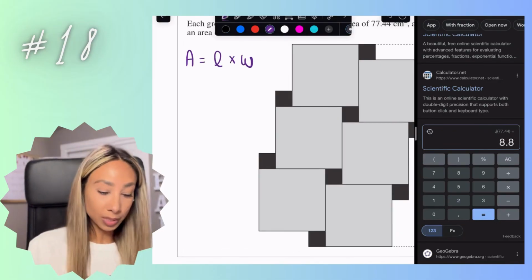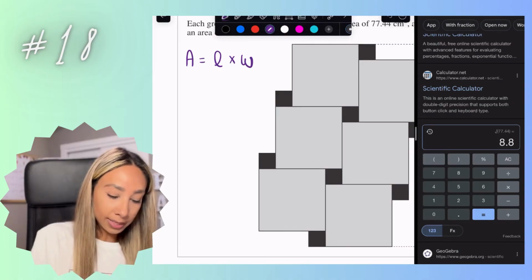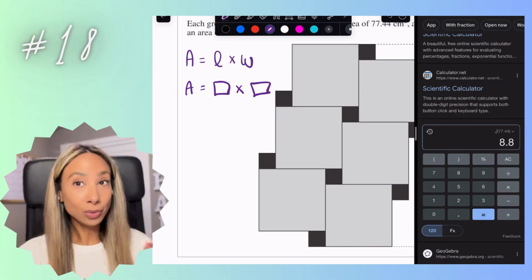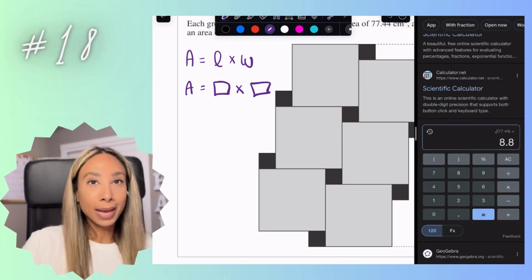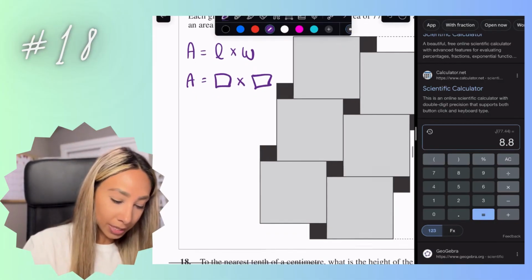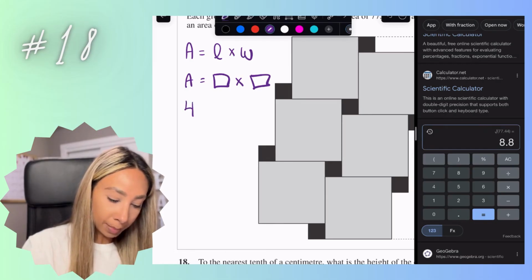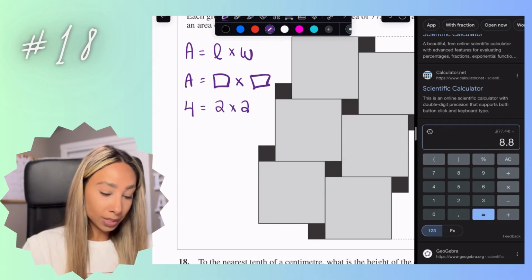But with a square, area is equal to the same length times the same width. An example, I'll use a different number this time, let's say the area is 4. We know that means the side length has to be 2, because 2 times 2 equals 4, or the square root of 4 equals 2.